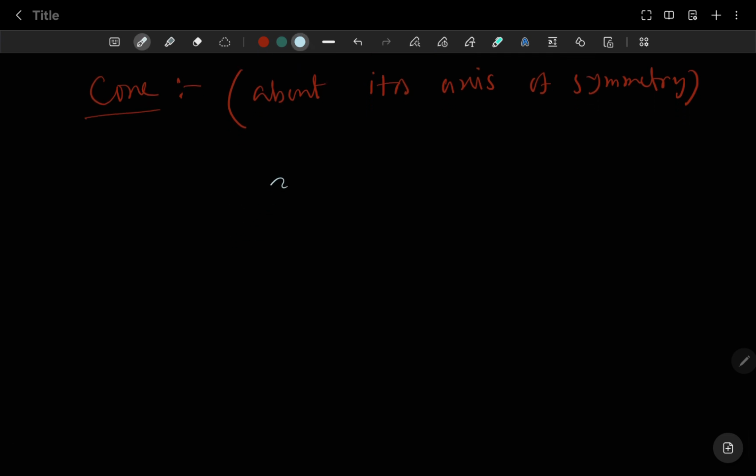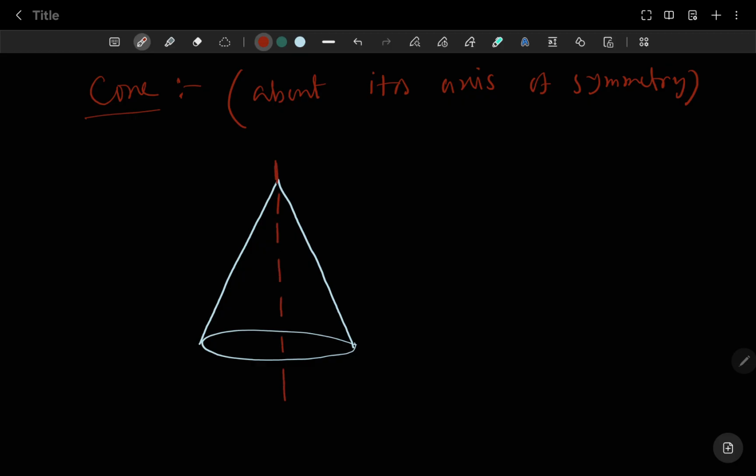So now let us calculate the moment of inertia of a cone about its axis of symmetry. Consider a cone here. So about this axis you have to find the moment of inertia, right?